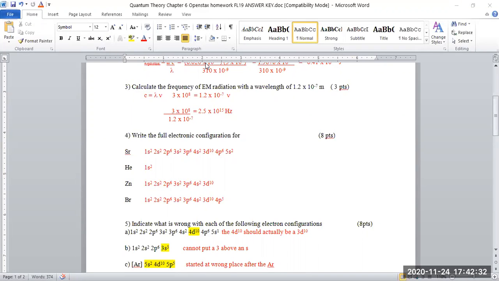So same numbers, they're all maxed out. 1s2, 2s2, 2p6, 3s2, 3p6, 4s2, and your last 10 electrons in the 3d section. And then bromine is actually on the same row as zinc. It's just a little further toward the right-hand side, and bromine is 35. So it ends with 4p5.